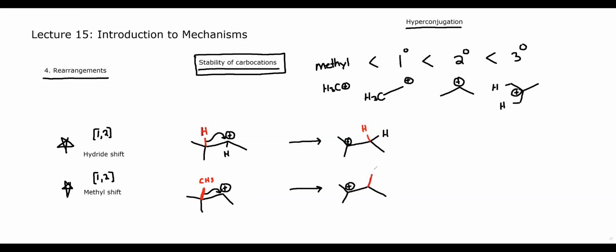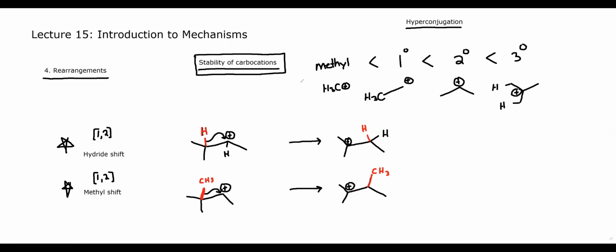That red CH3 shifts over, and we go from a secondary to a tertiary carbocation, which is more stable. So the molecule will spontaneously do these rearrangements in order to better stabilize this positive charge. Okay? If that didn't make sense immediately, that's okay, because we will see some examples where we do these hydride or methyl shifts in order to stabilize that positive charge. Okay.